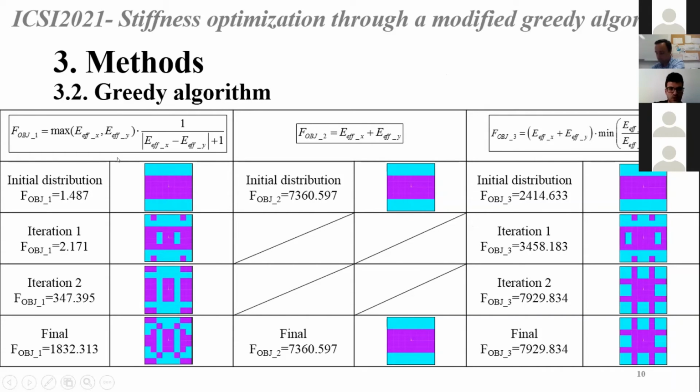As we can see, we started from the same initial distribution, and the first and the third objective functions ran 3 iterations. They didn't reach the same configuration, but they reached a pretty good value, while the second objective function couldn't find a value that would suit our needs.